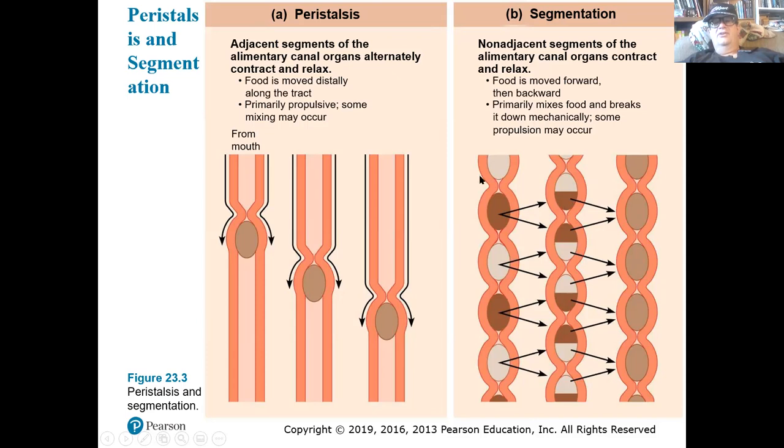But the deal is, if you do this enough, separating and then bringing back together, separating and bringing back together, it's really good at mixing things. So it mixes food, breaks it down mechanically, but not really as much propulsion as peristalsis. Peristalsis moves the food along. All right.